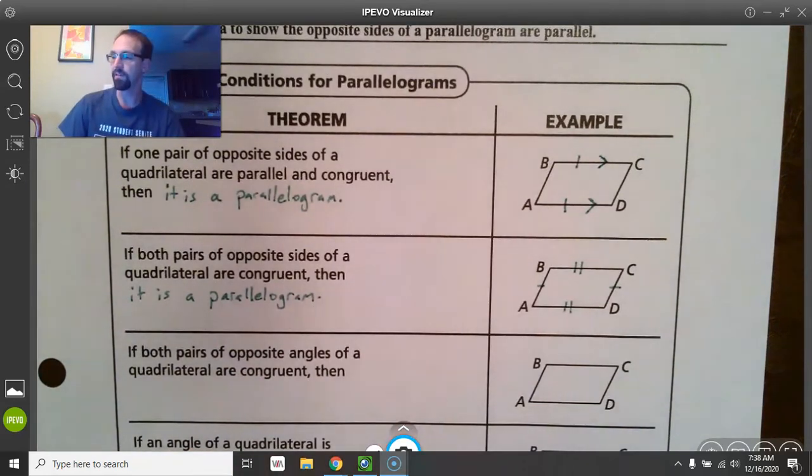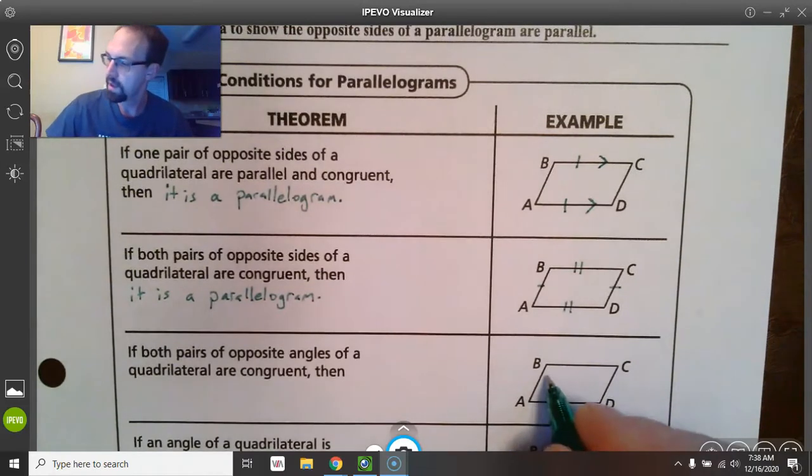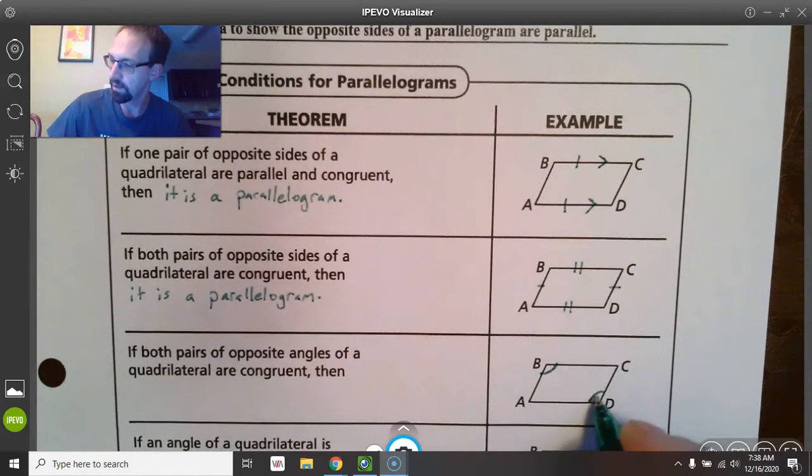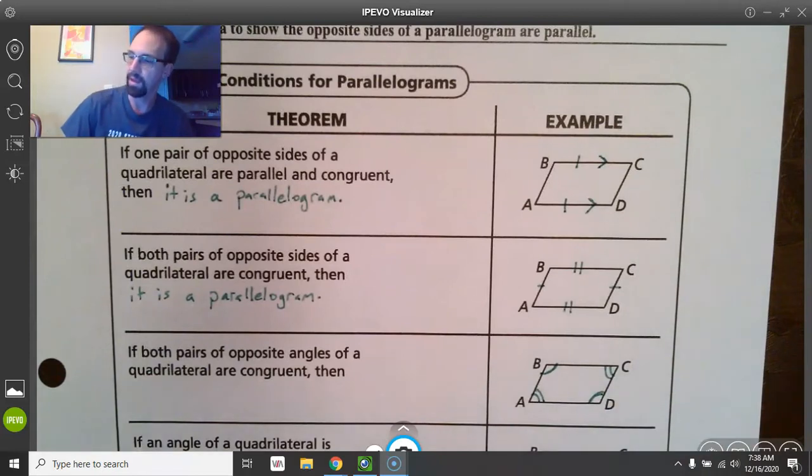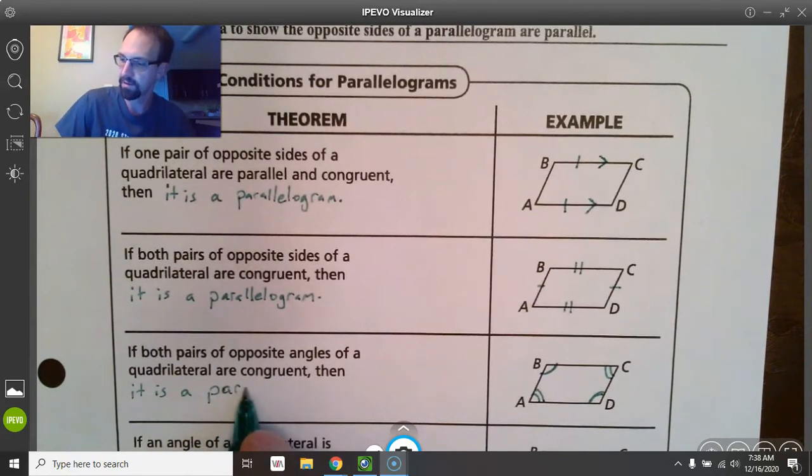If both pairs of opposite angles of a quadrilateral are congruent, so if this angle and that angle are congruent, and this angle and this angle are congruent, then it is a parallelogram. Hopefully you're starting to see a pattern here.